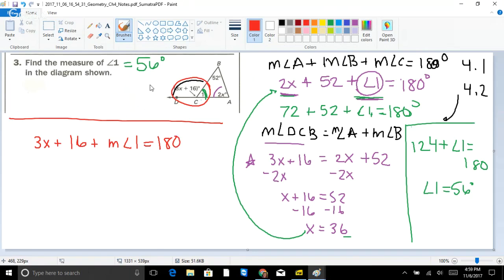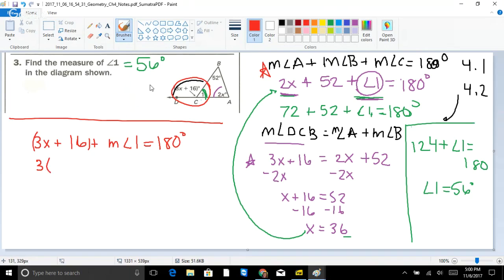Not only could we use theorem 4.1, where the interior angles add up to 180 degrees, we could also use the knowledge that my exterior angle plus my interior angle on a line add up to 180 degrees. So we'll end up at the same point.